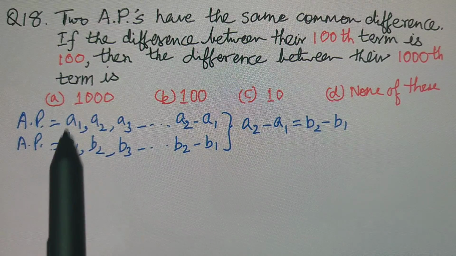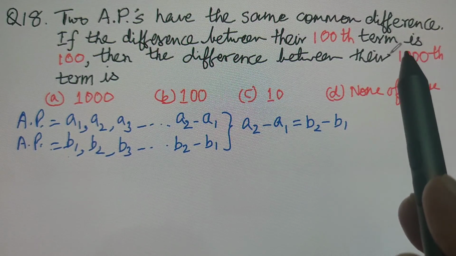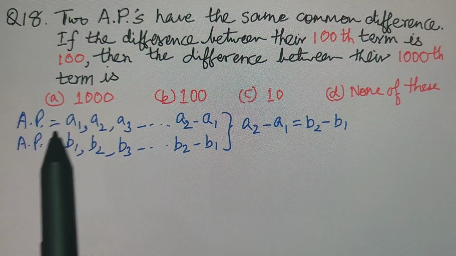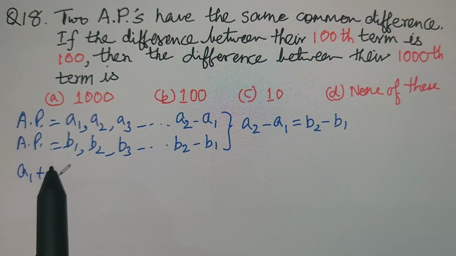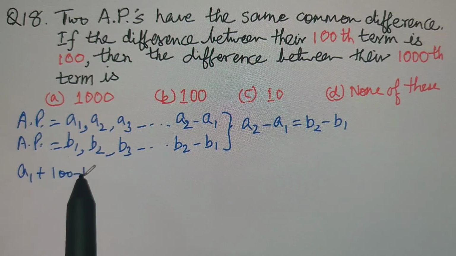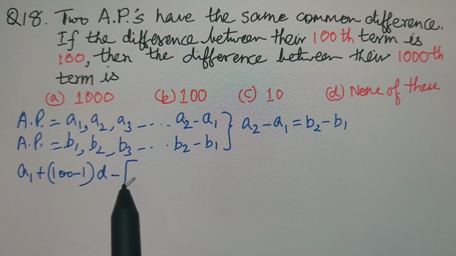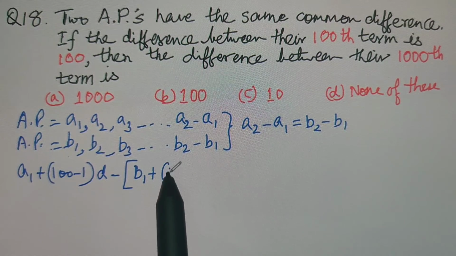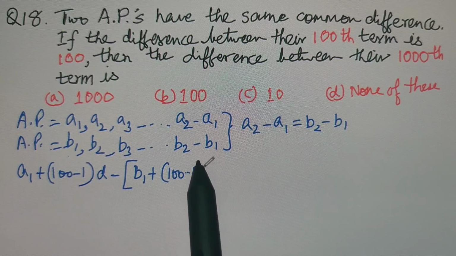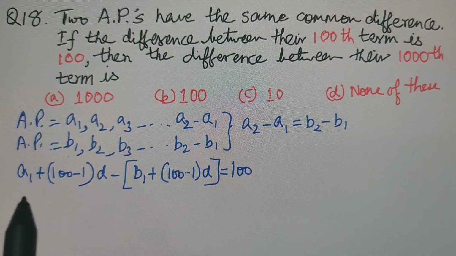Fine. Now the second part of the question reads, the difference between their 100th term is 100. So how can this be written? A1 plus 100 minus 1 D minus B1 plus 100 minus 1 D, which is equal to 100. Fine.